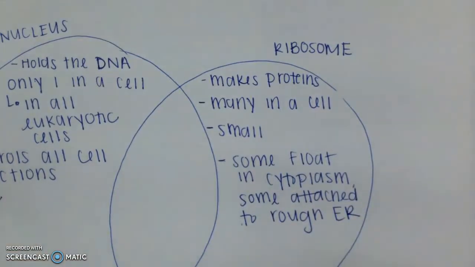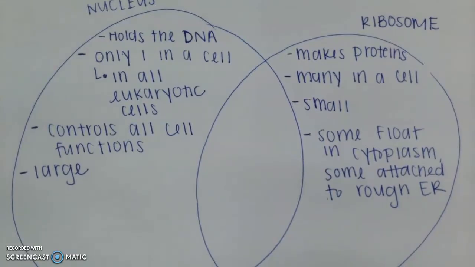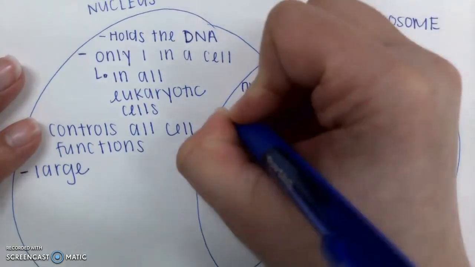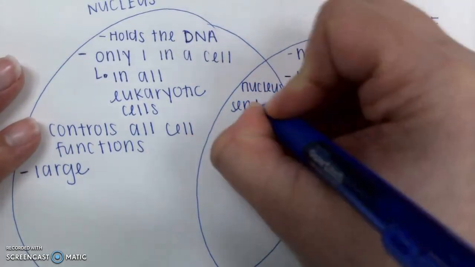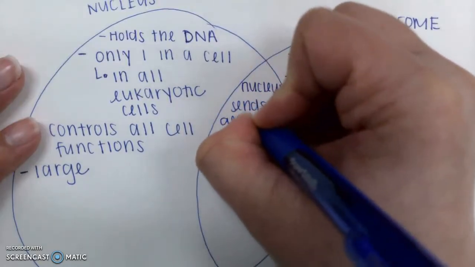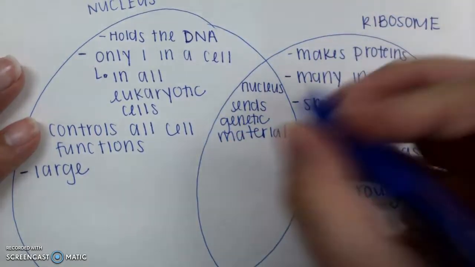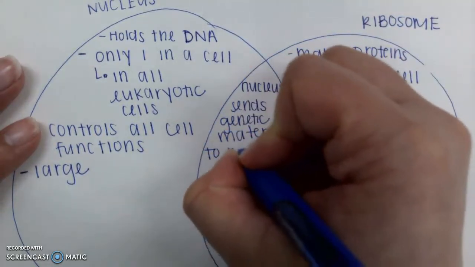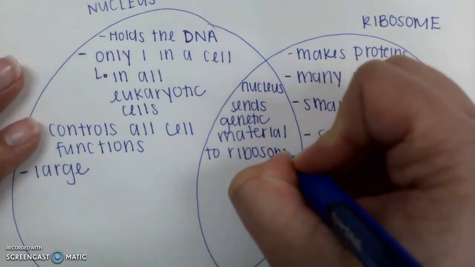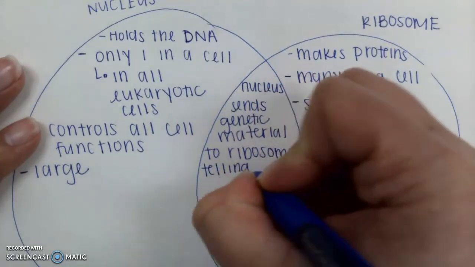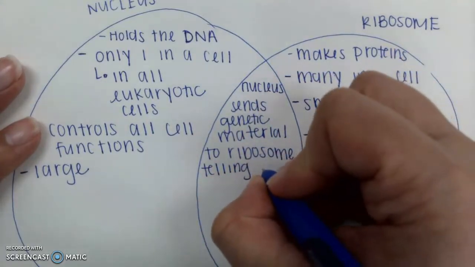Okay, let's go ahead and come here in the middle and talk about things that they have in common, or how they are related. So, the nucleus sends genetic material to the ribosome, which tells it how and when to make certain proteins.